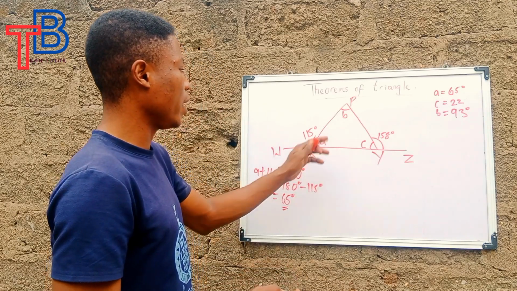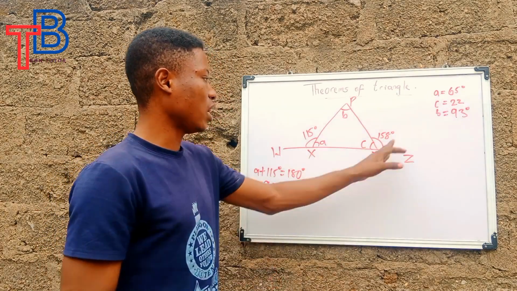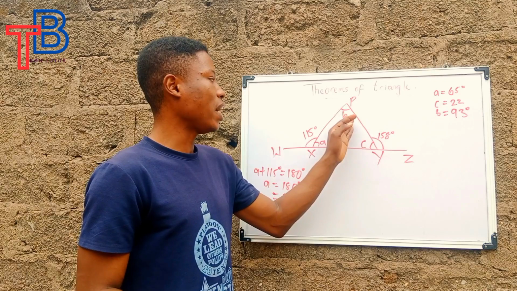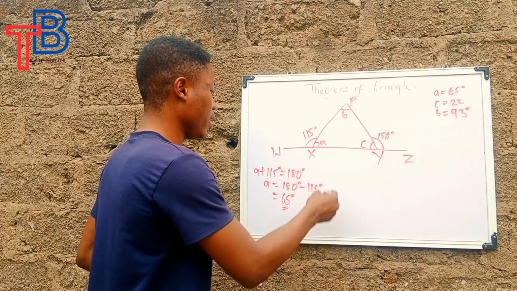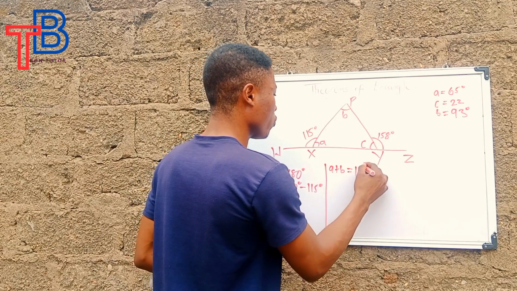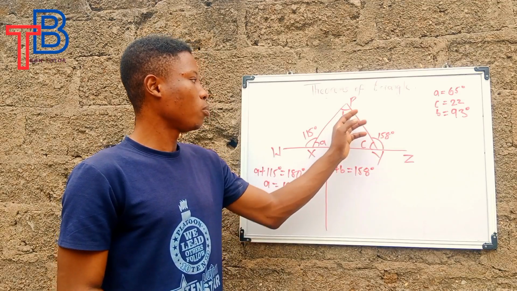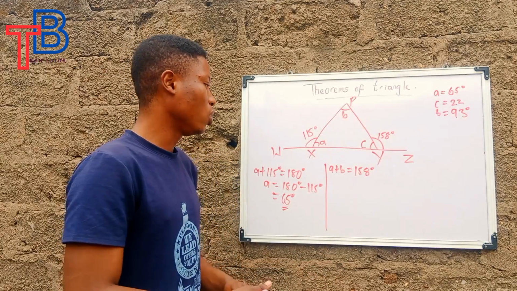Since we know our A is 65 degree, we can use this exterior angle here to find our B by saying our A plus B equals 158 degree, and that's because the exterior angle is equal to the sum of two opposite interior angles.